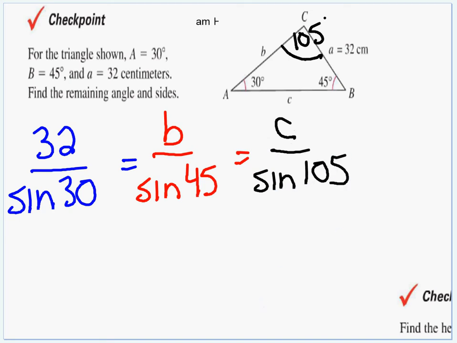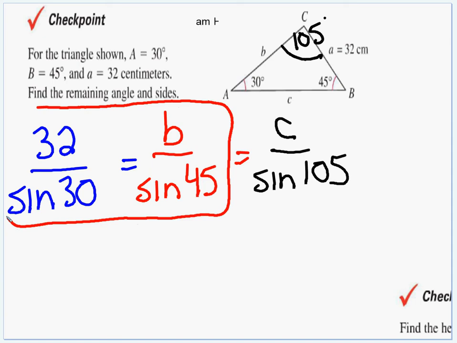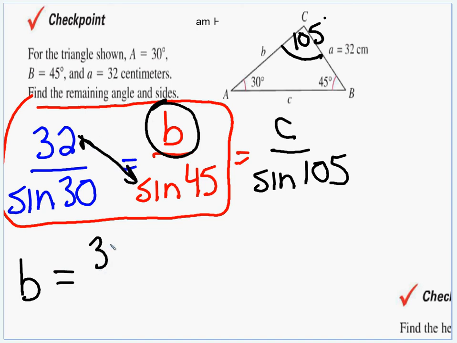Okay, again, we need one of these fractions complete, and we've got that right here. So we can cross multiply the red and blue fractions that I have here. Now, if you haven't noticed, to solve and get this B by itself, B is going to equal the other two multiplied, the 32 and the sine of 45.